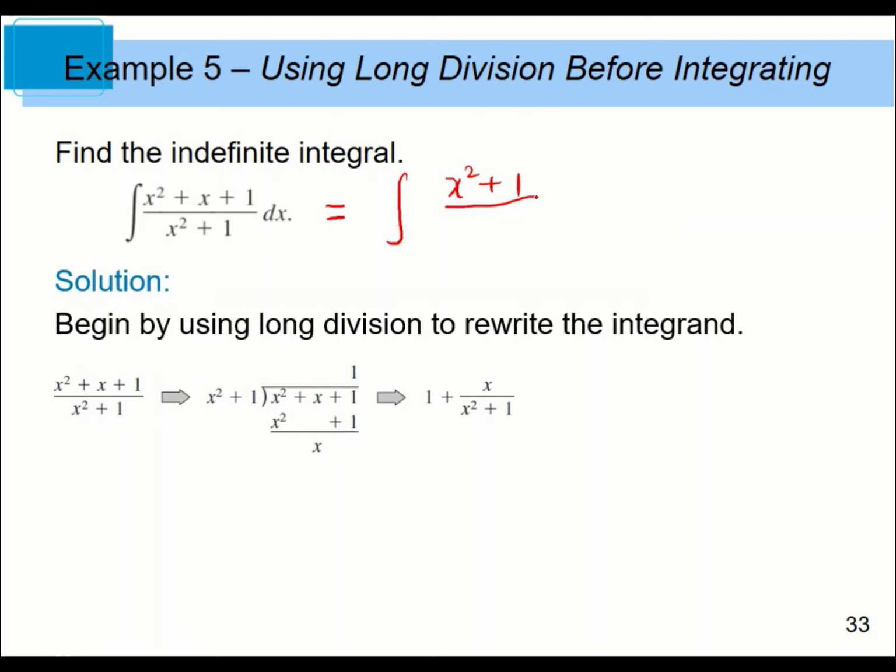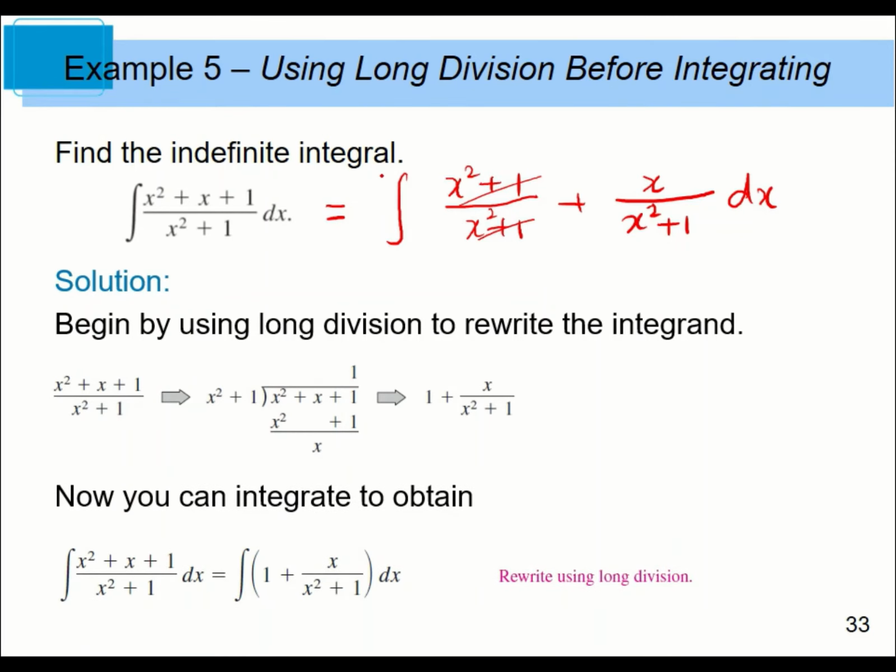This is x squared plus 1 over x squared plus 1, plus, repeating the denominator, x squared plus 1, and this is x. So it means that we split the x squared plus 1 into one group and the x itself into another group. And for the denominator, of course, we can rewrite it. In this case, this is actually 1. So we have 1 plus x over x squared plus 1.